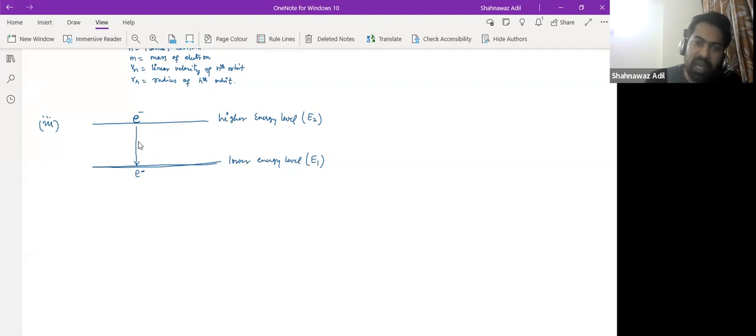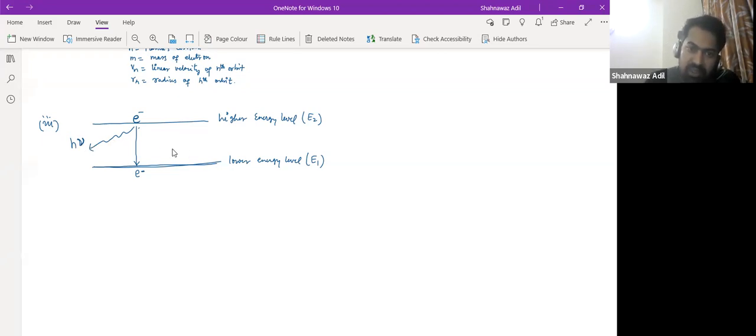Then it will have to lose some energy, and that energy would be lost in the form of an electromagnetic wave whose energy would be h nu. So this much amount of energy would be released, and this nu would be the frequency of the radiated energy.